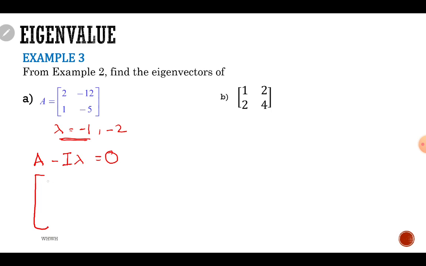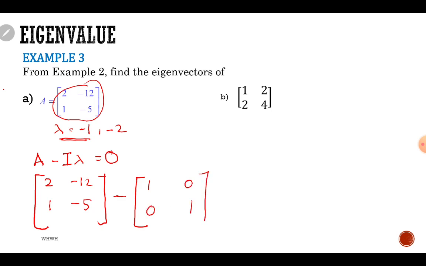Okay, our matrix A, this one. So, 2, -12, 1, -5. Tolak dengan identity matrix kita adalah 1, 0, 0, 1. And multiply with our lambda. What is our lambda? Lambda is -1. So, kita darab dengan -1 kat sini kan.